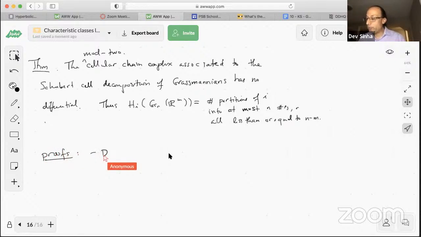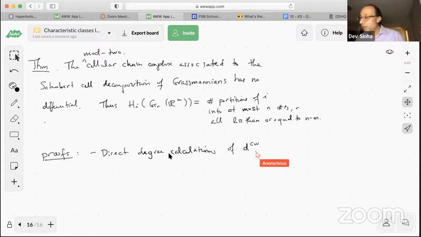You can do sort of direct degree calculations of the CW differential. We'll talk about that.